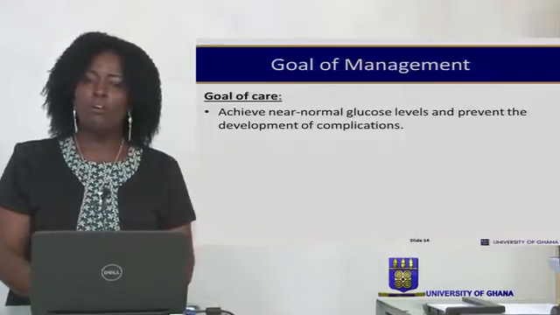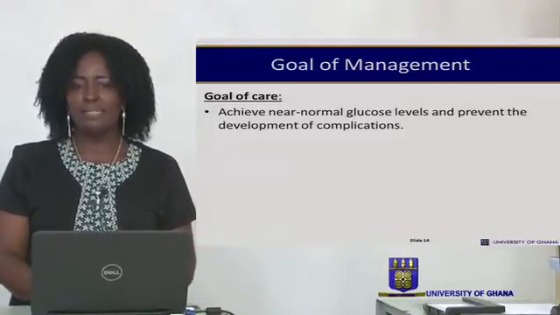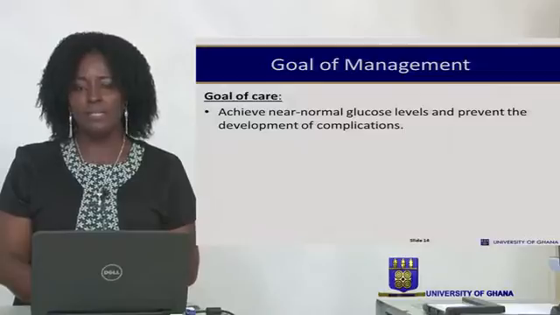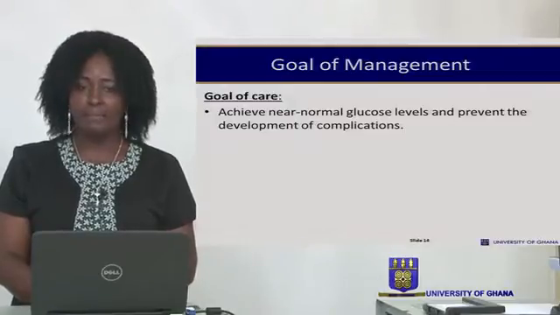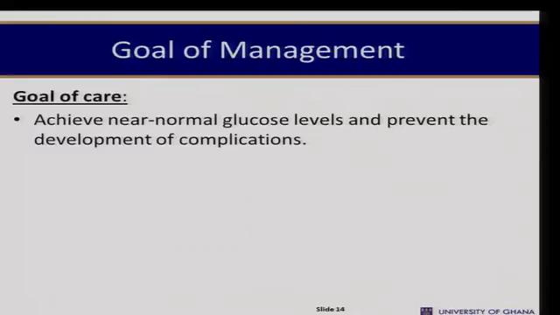Goal of management. The goal of our management in the care of the child with diabetes or any other diabetic patient is that we want to achieve near normal levels of glucose and prevent the development of complications.